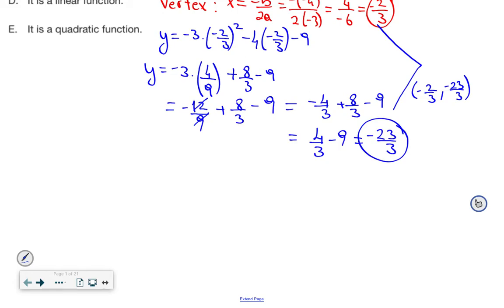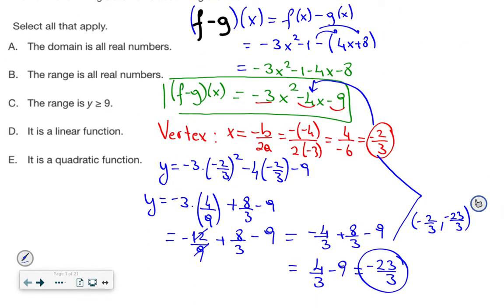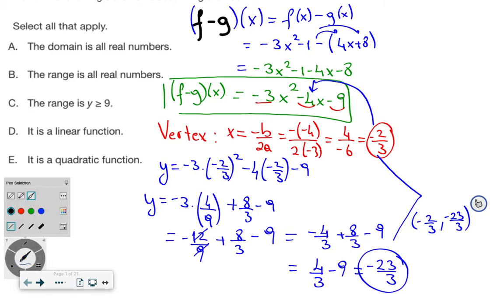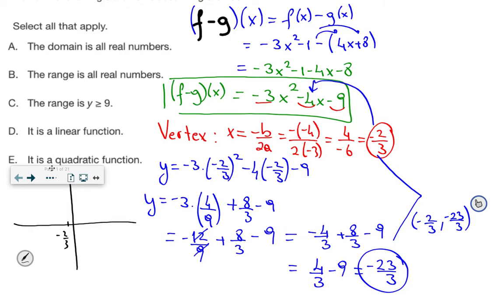So if you try to graph this, you will understand that the graph is going to become like this. The x coordinate is negative 2 over 3. Let's say that this is negative 2 over 3. And the y coordinate is negative 23 over 3.